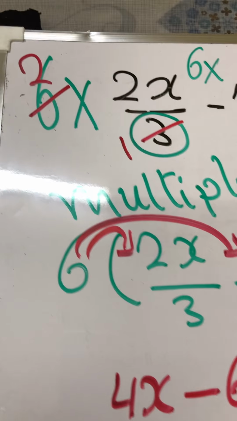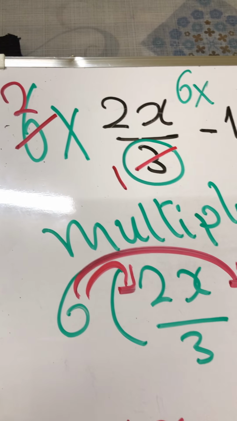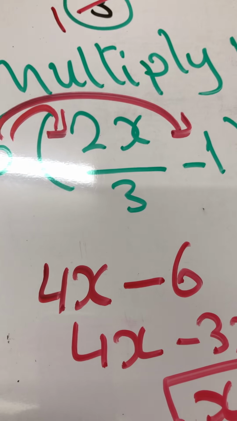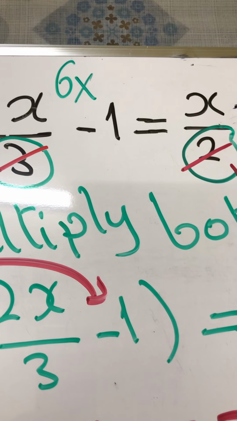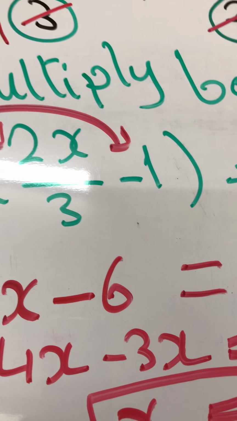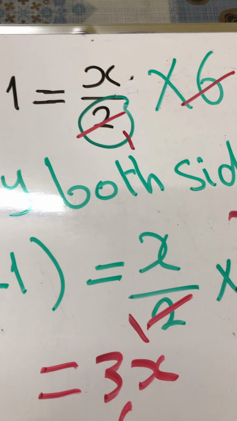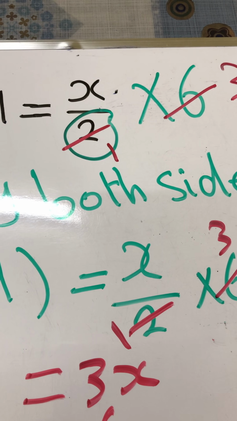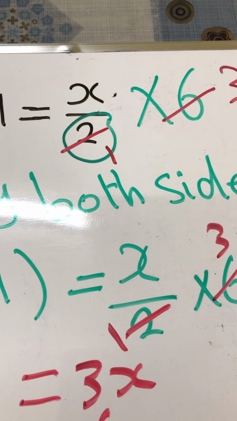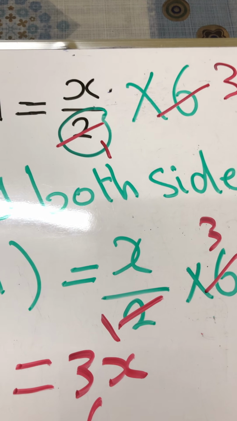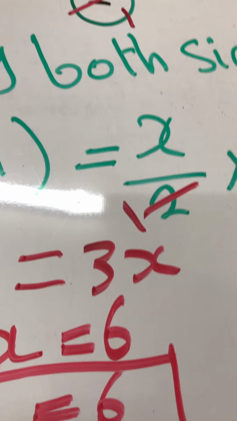After simplification, I have 2 times 2x equals 4x, and 6 times negative 1 equals negative 6. On the other side, x over 2: 6 divided by 2 gives me 3, and 3 times x equals 3x.